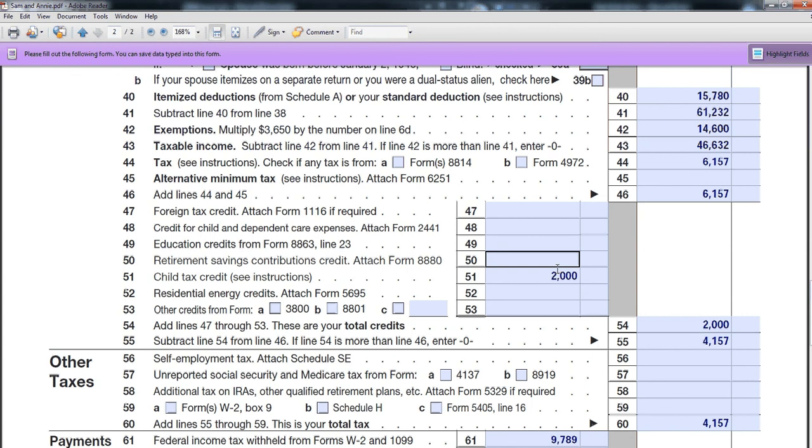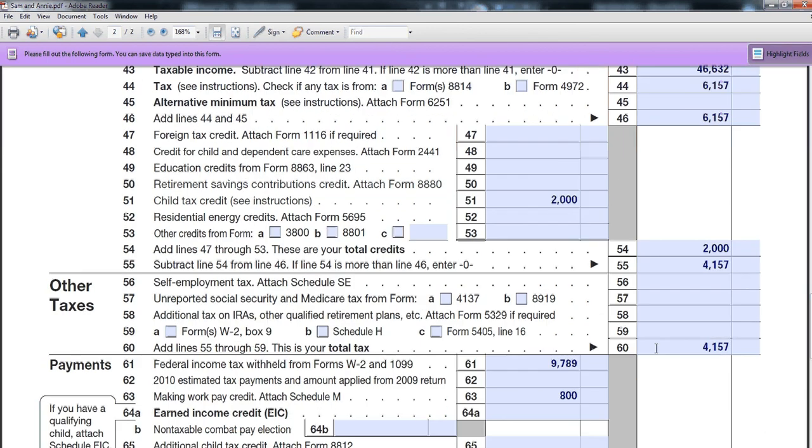And then here's the child tax credit on line 51. And then you add up all the credits that they might have received on line 54. And then you subtract from line 46. And then they didn't have any other taxes that they reported. So you're going to bring down line 55 to line 60.